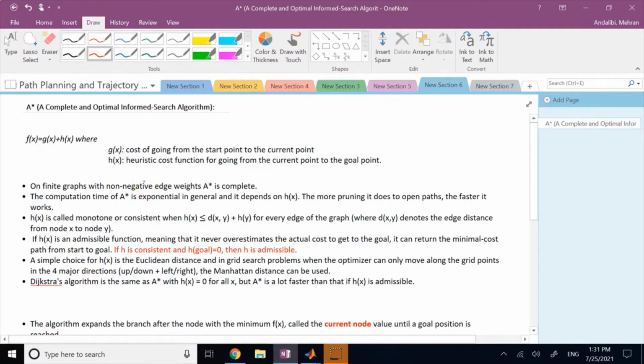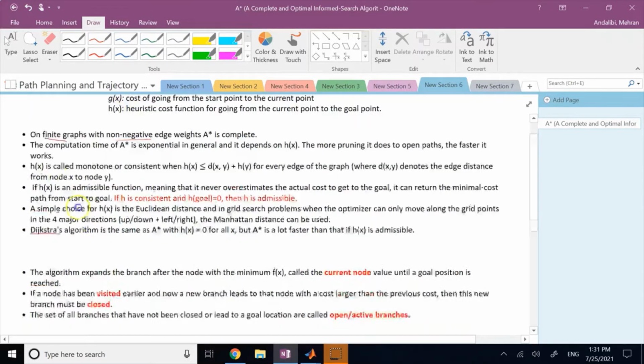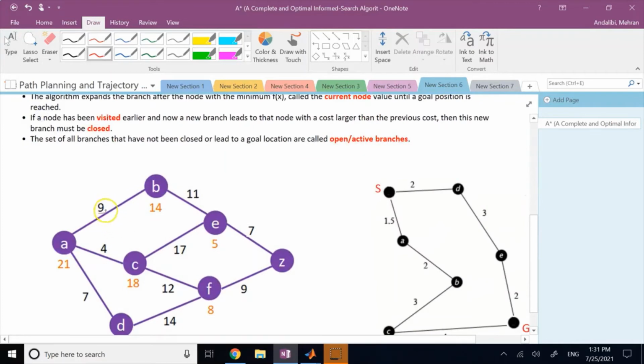Okay, so a finite graph, you should not have infinitely many edges, many lines between the nodes, and the weights of those edges, which in total will form this function g of x. So if you look at this graph, the weights on the edges, it can be the length of them or it can be any other thing, correct?